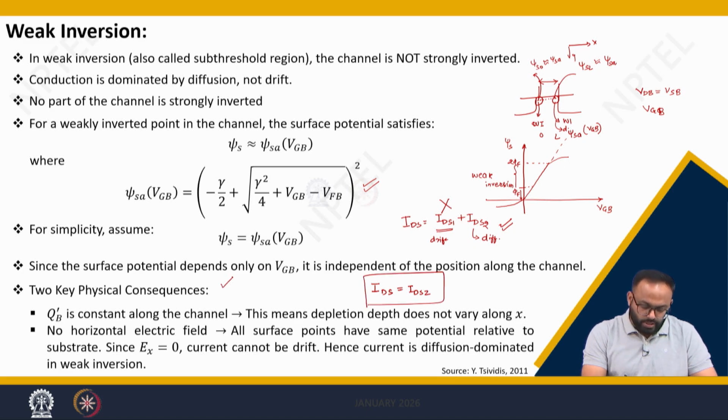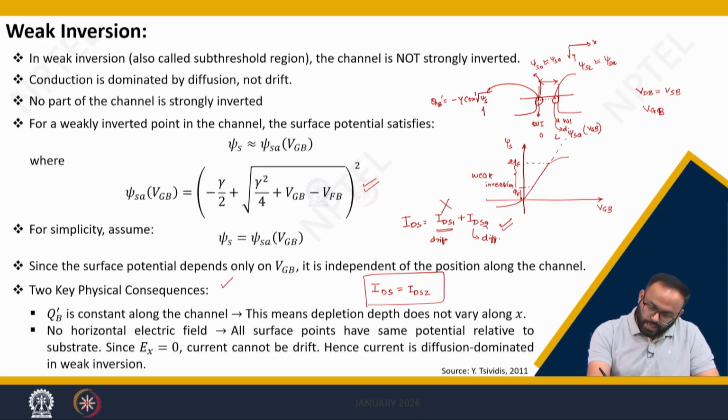The two physical consequences in weak inversion, as we have pointed out, are that QB' is considered to be the same and is not varying with X, because QB' can be given by minus gamma COX into root psi S, right. If we talk about psi S at the source side, you can replace it by psi S0. If you talk about psi S at the drain side, you can replace it by psi SL.